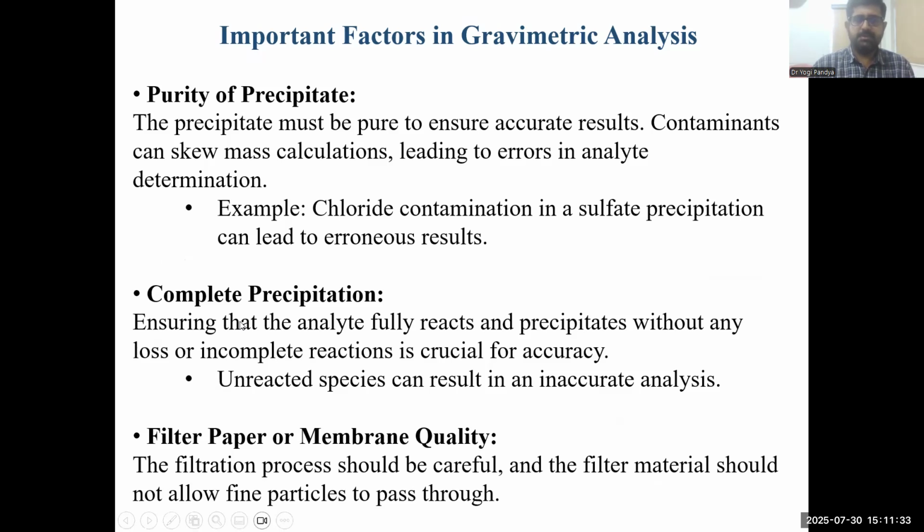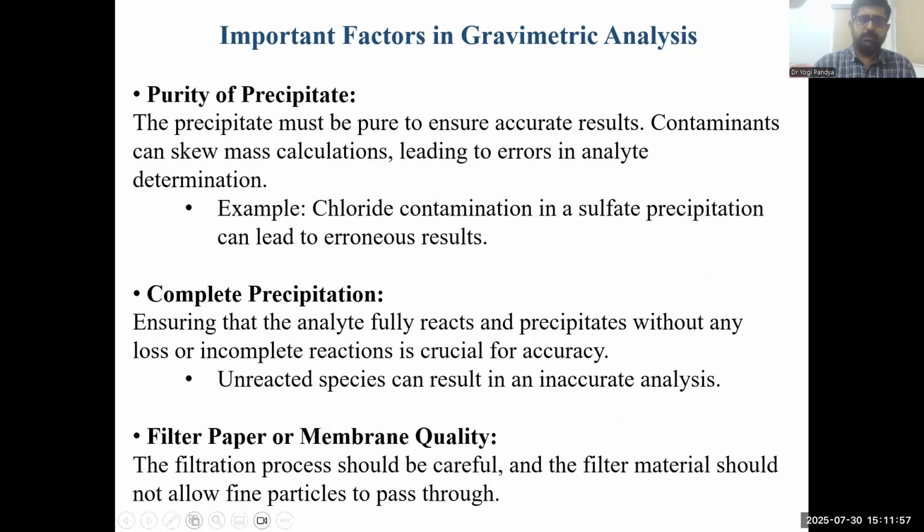Second is complete precipitation. Sometimes your main analyte is not 100% converted into precipitate. So you have to make sure that your analyte fully reacts and is converted into the particular precipitate. Otherwise, the incomplete reaction will cause error in the analysis, and these unreacted species can lead to erroneous results.